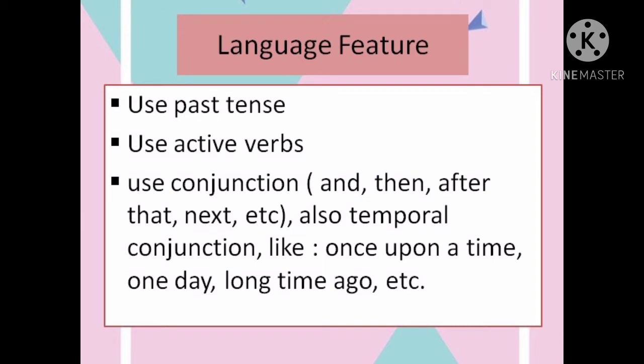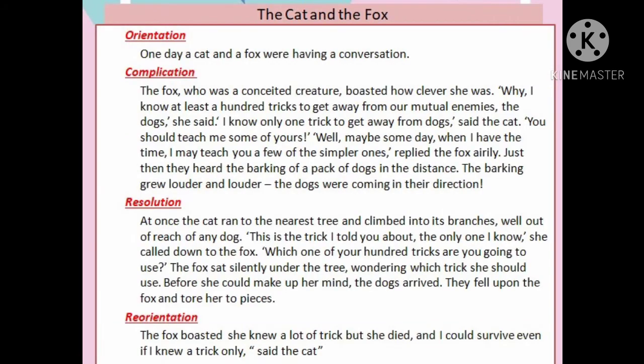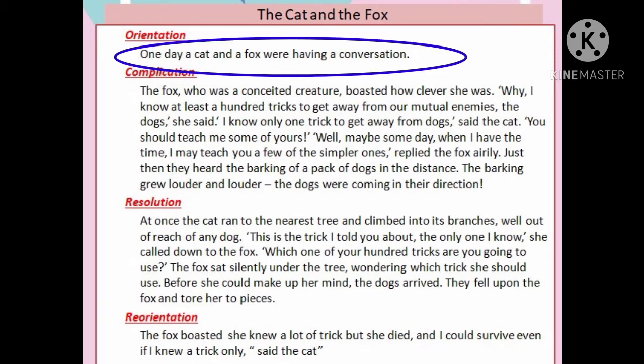Okay, now let's check this one. This is an example of narrative text. The title is The Cat and the Fox. Okay, let's read the first sentence. One day, a cat and a fox were having a conversation. Suatu hari, seekor kucing dan seekor rubah sedang ngobrol.